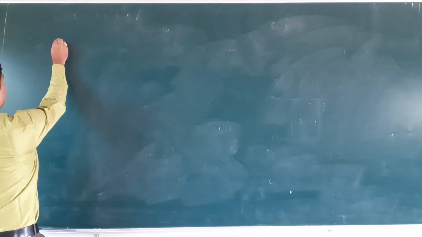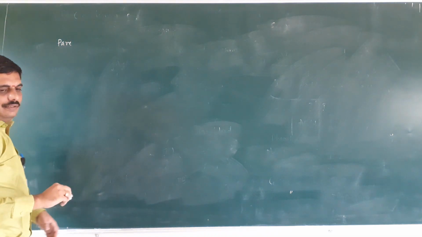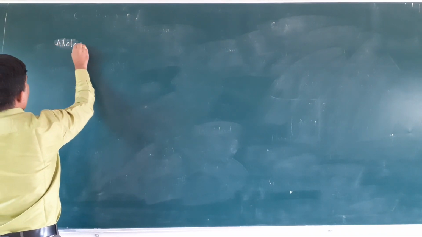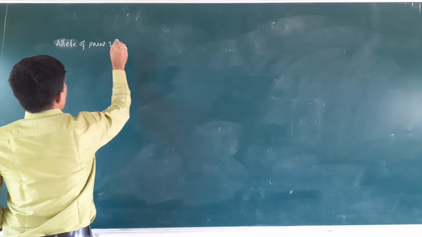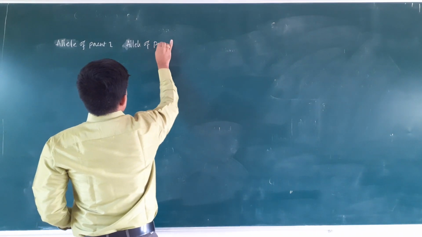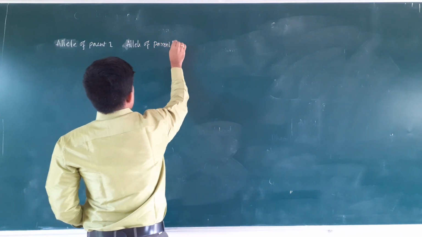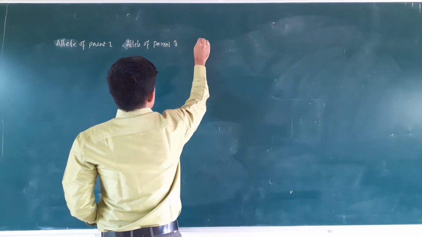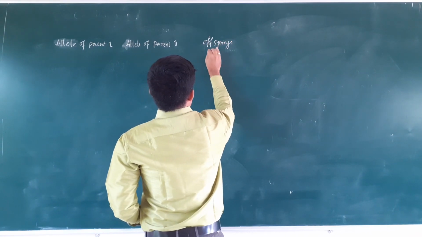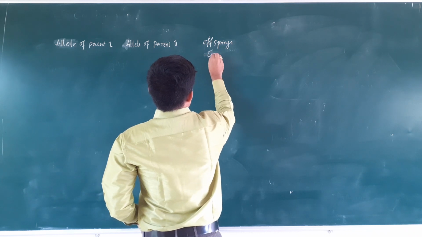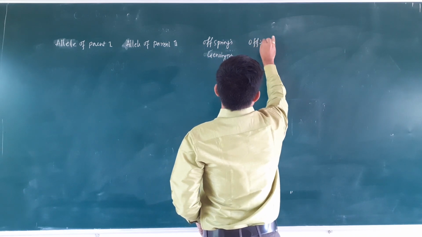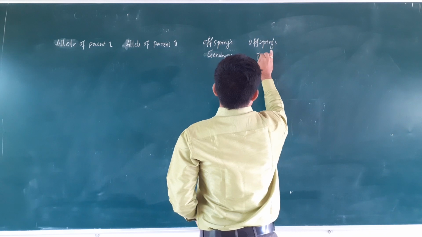So the columns are: allele of parent 1, allele of parent 2, offspring genotype, and offspring phenotype.